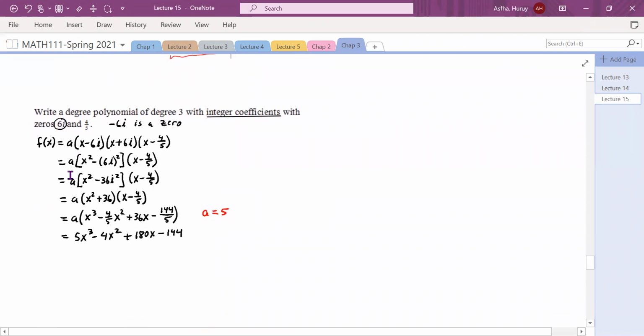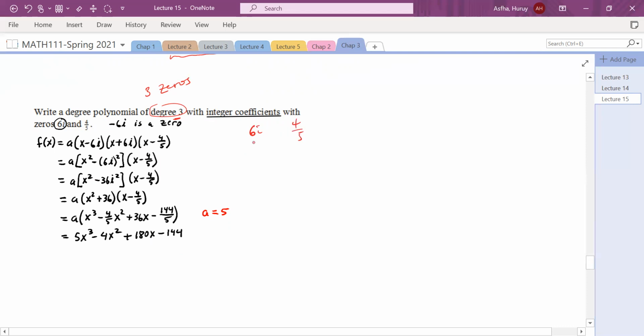Okay, now, given a polynomial of degree 3, we want to write a polynomial of degree 3 with integer coefficients with zeros 0, 6i, and 4 over 5. For a polynomial of degree 3, we know there are 3 zeros, and 2 are given: 6i and 4/5.